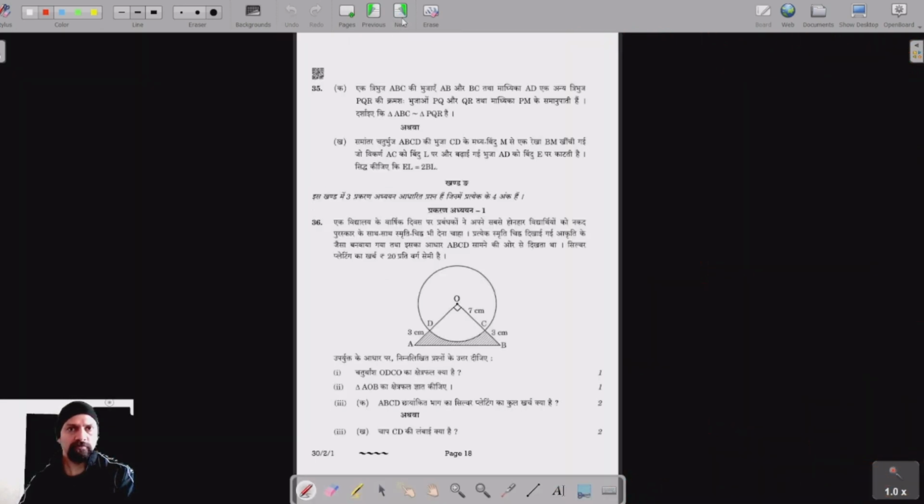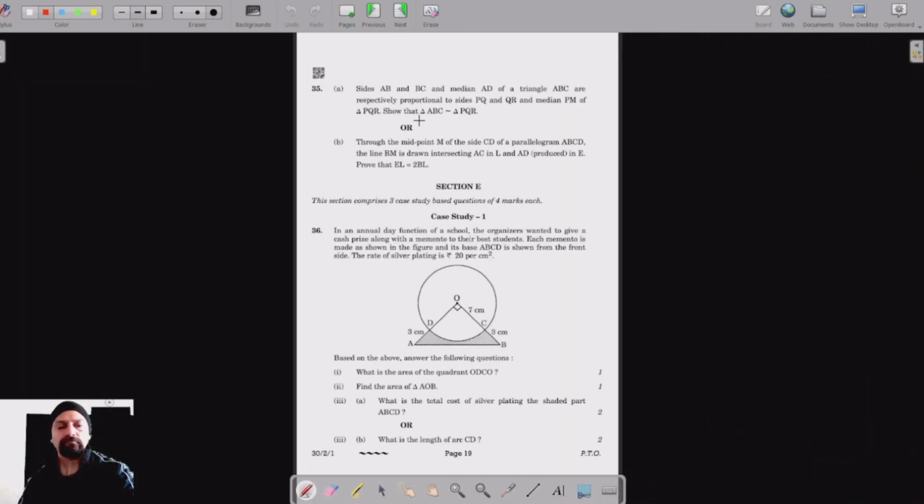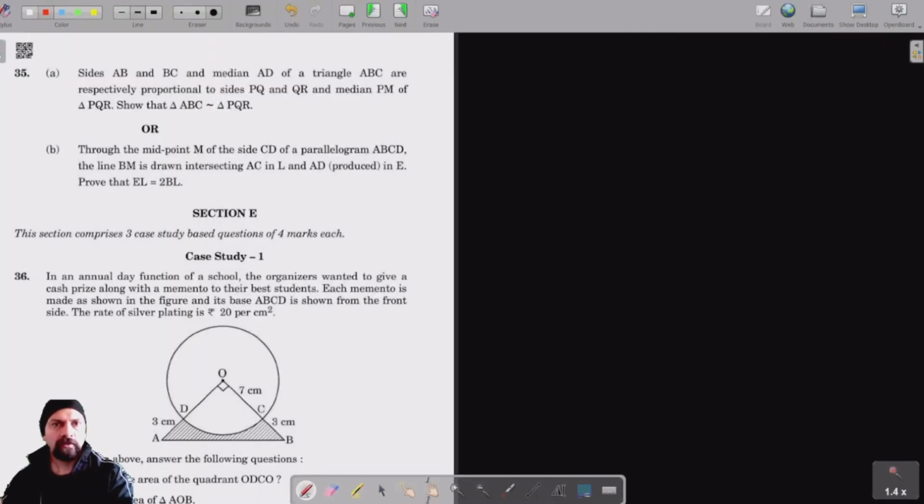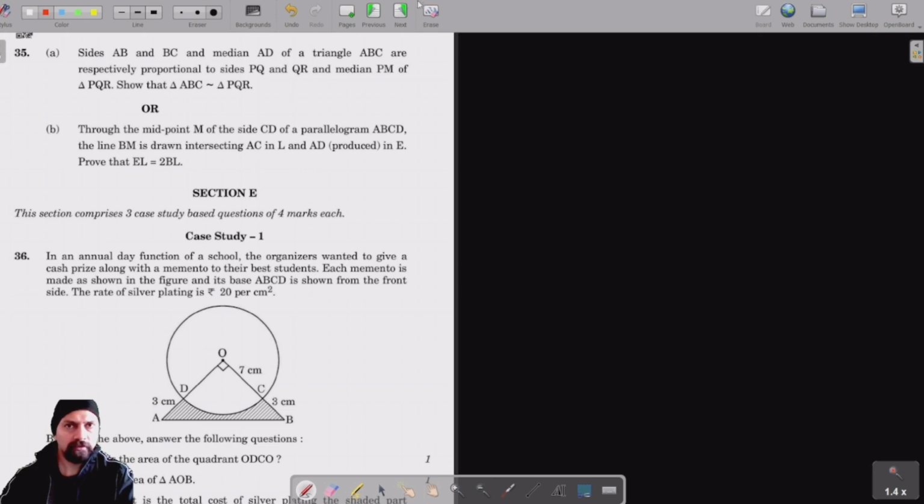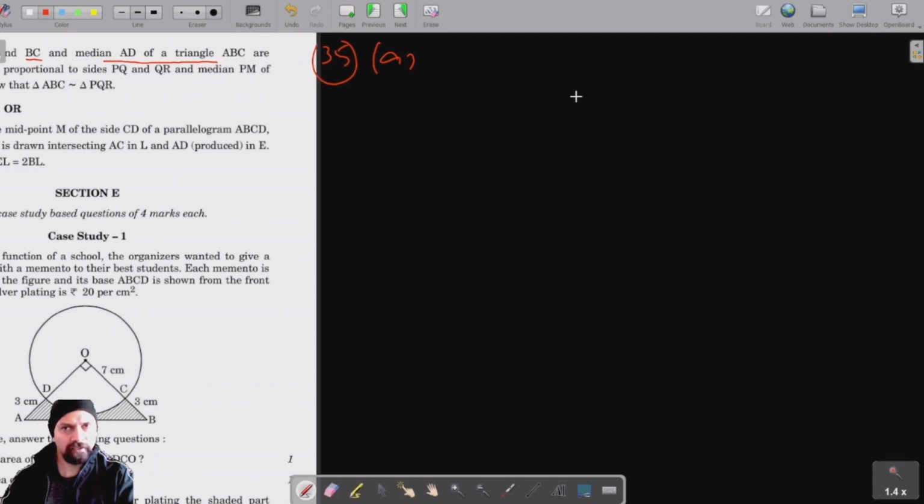Let's move on to question number 35. So this is question number 35, part A. And it's given that side AB, BC, and median AD of triangle ABC.